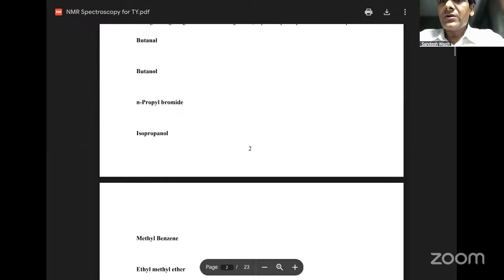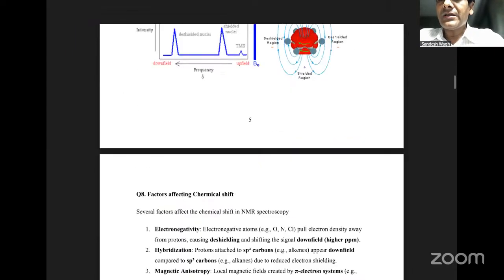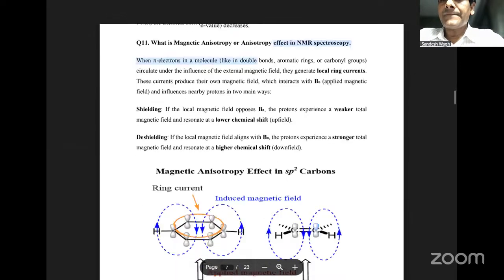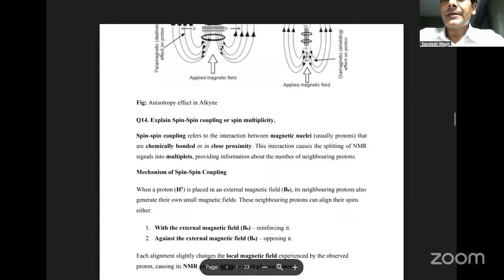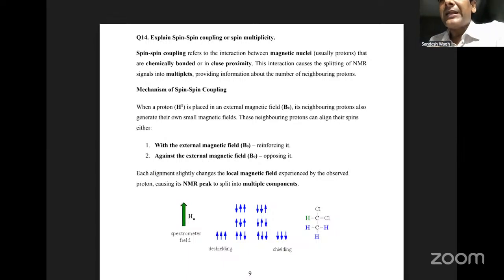So I'll scroll down the pages which we were talking about. Now this is the question: coupling and multiplicity, spin multiplicity. Very interesting question. Most of the time, the university asks the question, explain the multiplicity.